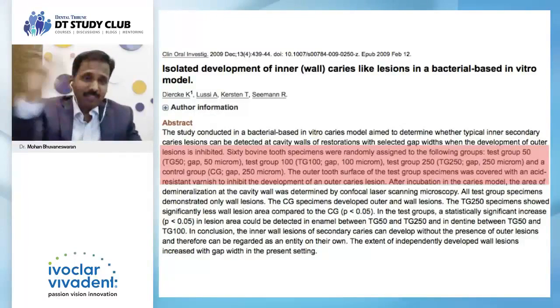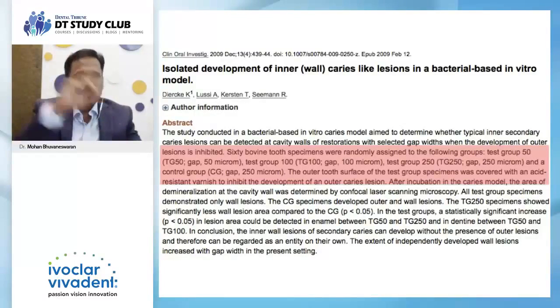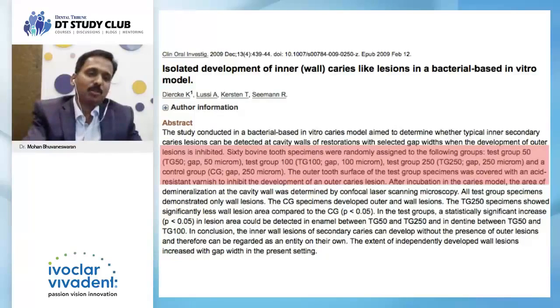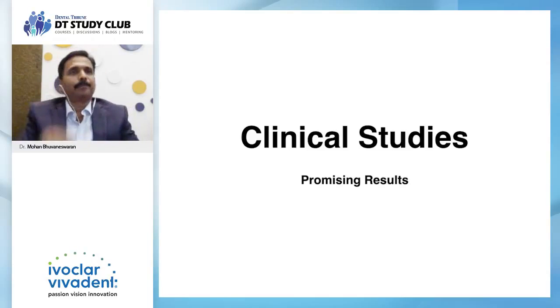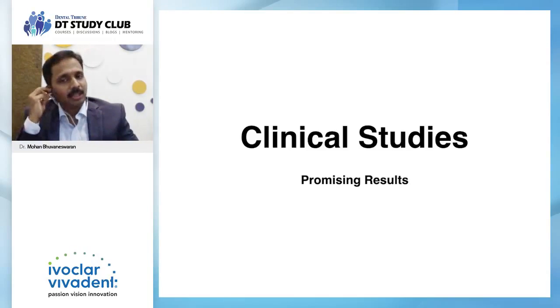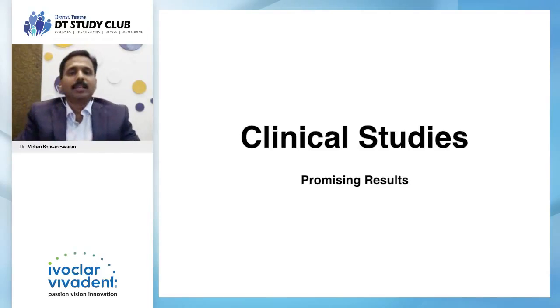So physical properties, answer is yes. Marginal integrity, answer is yes. So we have to clinically see if this material is going to work. There were some studies done by Ivoclar, and I went through these clinical studies done in Turkey and Switzerland, and the results were quite promising in the short span of time, right?